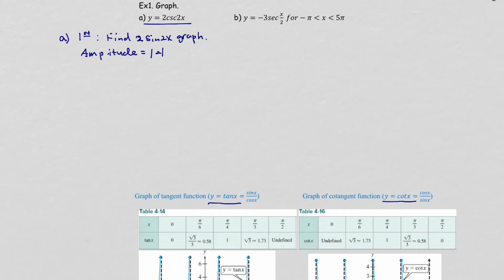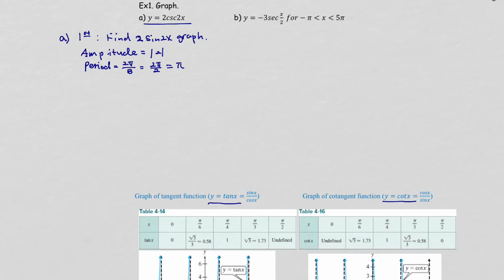Your period is going to be 2 pi over B, so that gives you 2 pi over 2, which is pi. This one will not have a vertical asymptote.